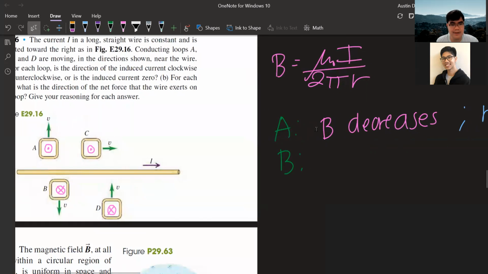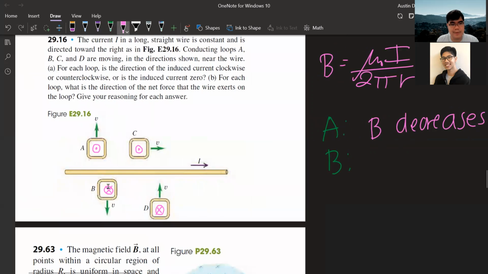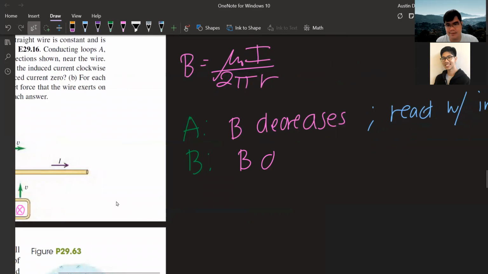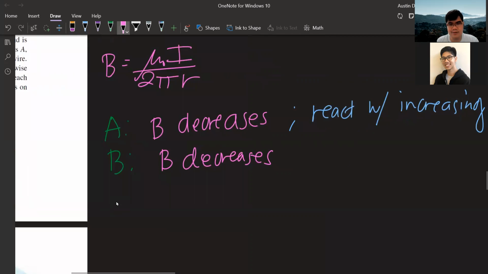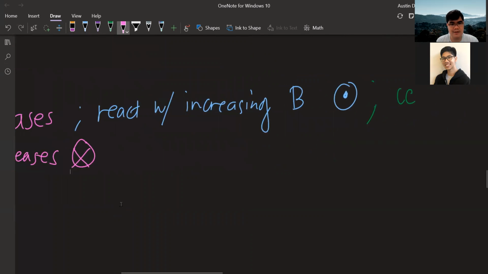Okay, next is B. Okay, si B, mapansin mo, papalayo din siya sa wire mo. So, B decreases. Okay, and then yung nawawala sa kanya ay into the page. Therefore, magre-react yung loop of wire in similar way.